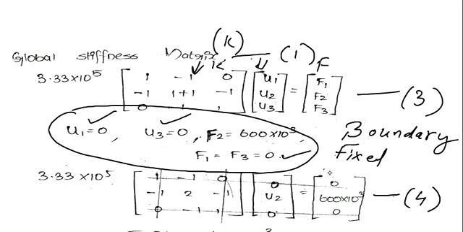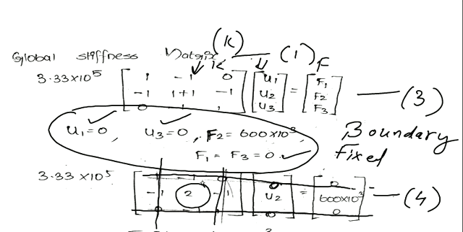After applying these in equation number 3, after substituting this boundary condition, the rows and columns corresponding to the 0 displacements get cancelled. The first row, first column, and the third row as well as the third column will be eliminated.